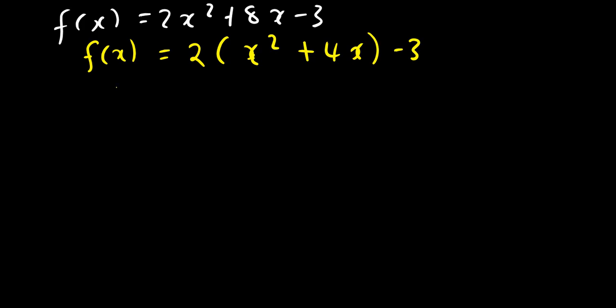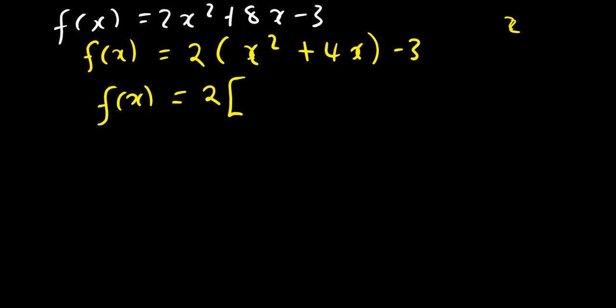Then we do what we did earlier. So our f(x) will be equal to 2, this is our bracket, then you take half of 4, that's just 2, and you square this 2.